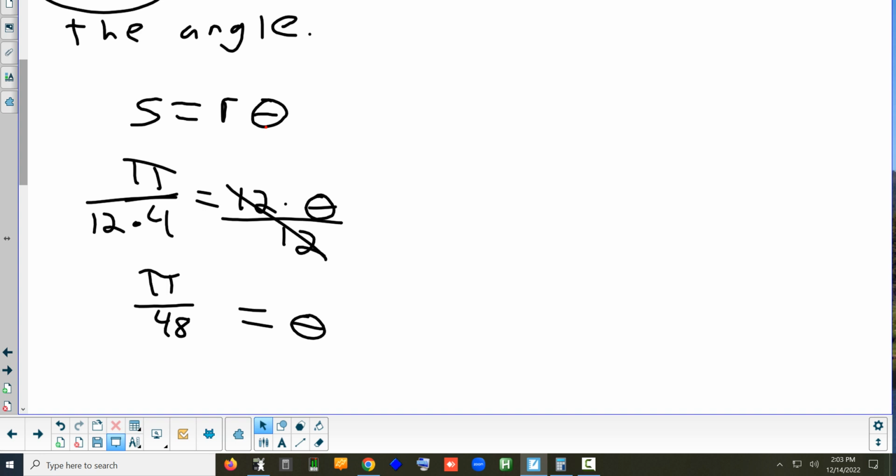Feet isn't a type of unit that would apply to time. Centimeters is not a type of unit that applies to an angle. Yep. The unit on that is radians. So should I put RAD? No. We don't label it when it's radians. Whenever you solve for the angle, the unit is radians, but you do not need to put RAD.